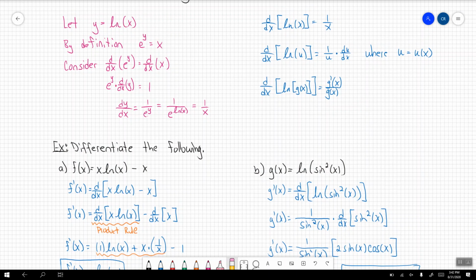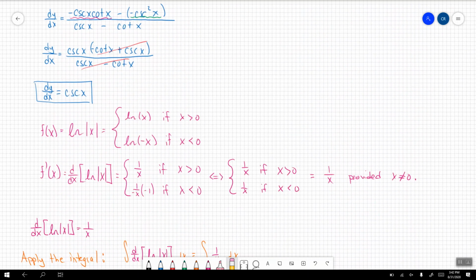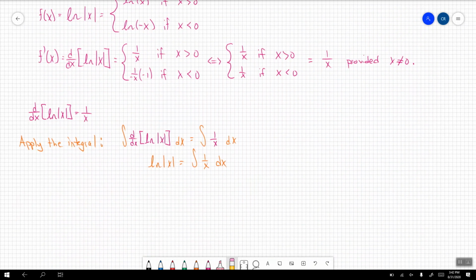Looking at that antiderivative from the very first work that we did, we would naturally say, hey, it's the natural log of x. However, being a little bit more precise, we now say that the integral, or the antiderivative, of 1 over x is the absolute value of x embedded inside of the natural logarithm. Or in other words, the natural log of the absolute value of x.